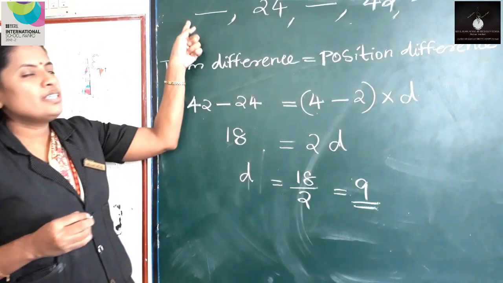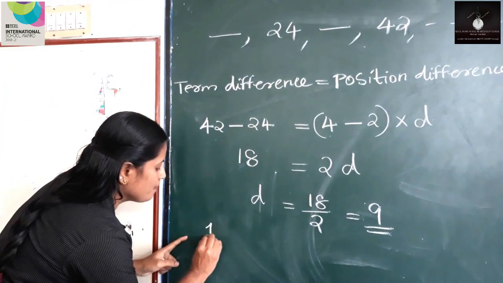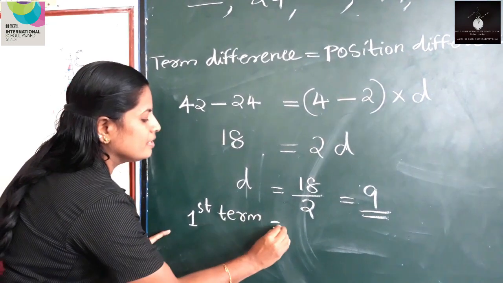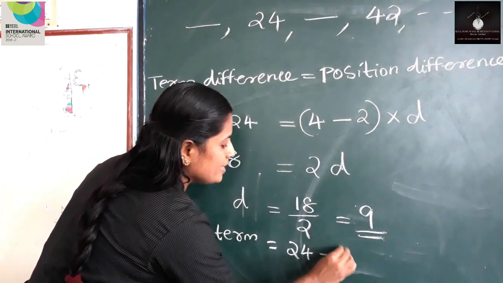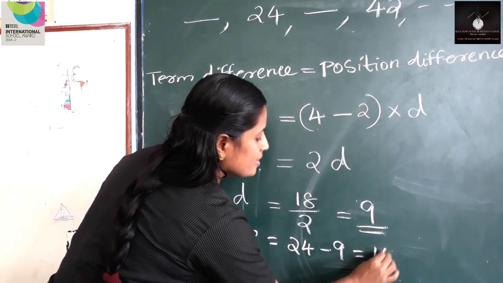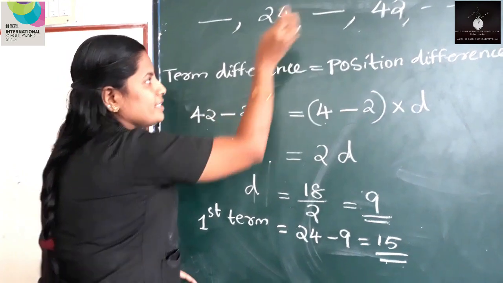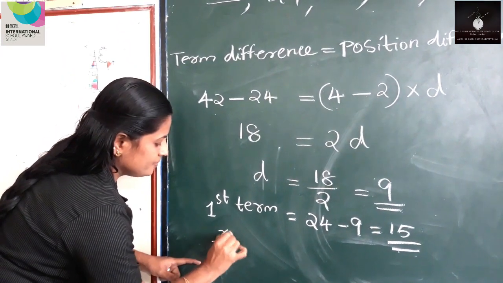Common difference equal to 9. So the first term is 24 minus 9 is 15. Then we have to find the third term.